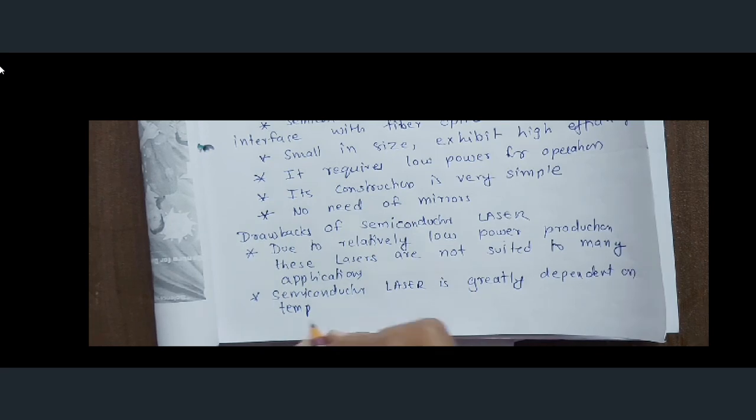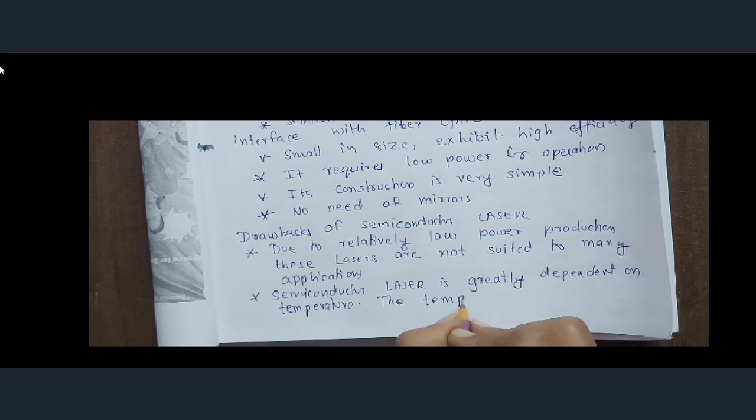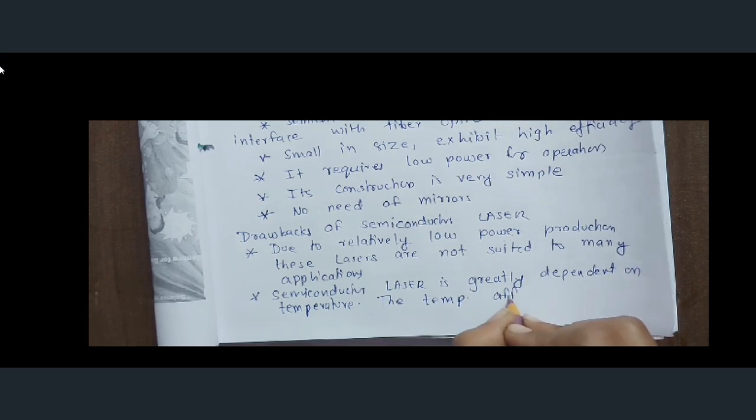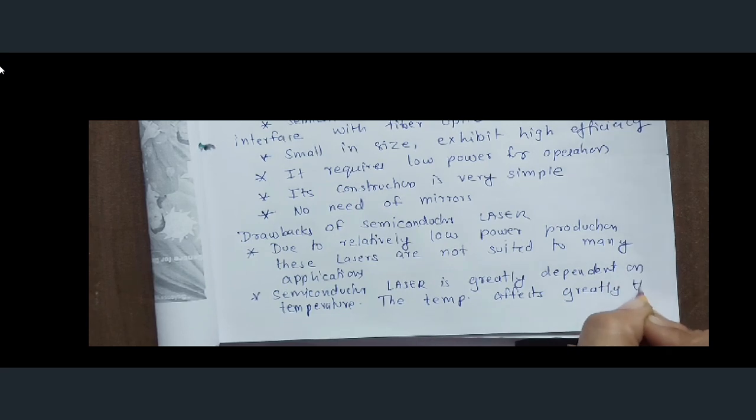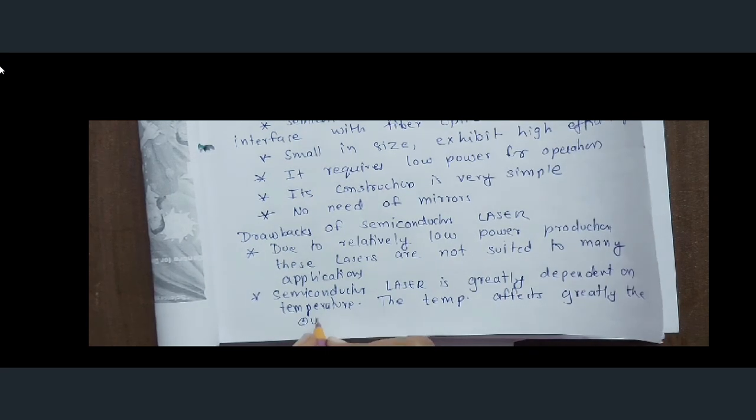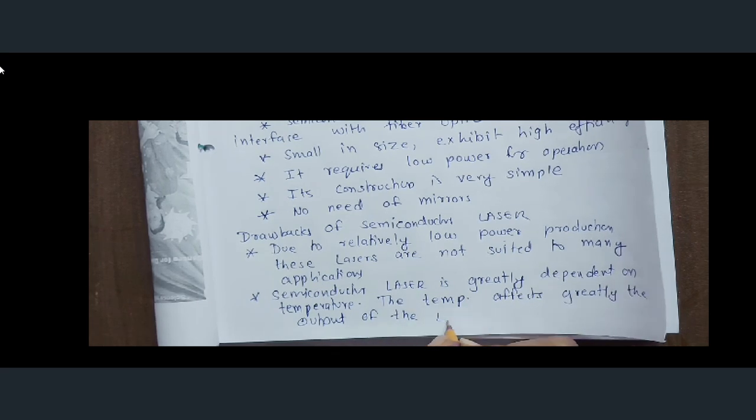So the temperature greatly affects the output of the laser.